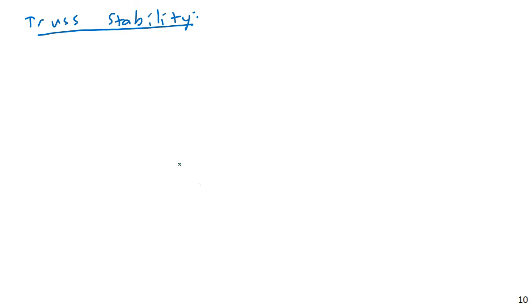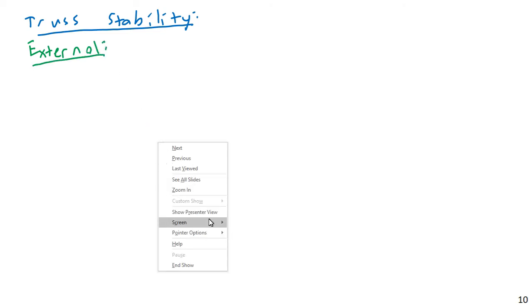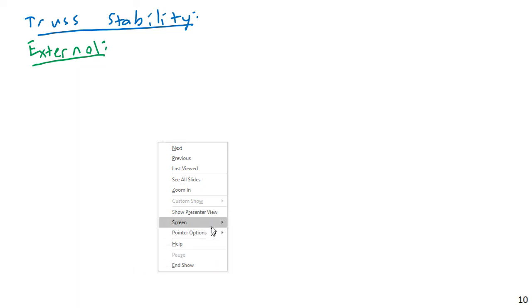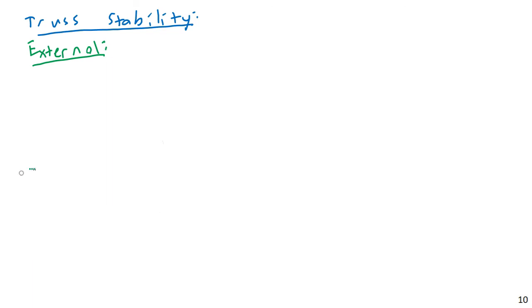External is going to be relatively easy. There are no formulas here to remember. For external stability, we are talking about whether the truss itself, as a rigid body, is properly constrained. So let's write external and internal, and keep these both in the same slide.